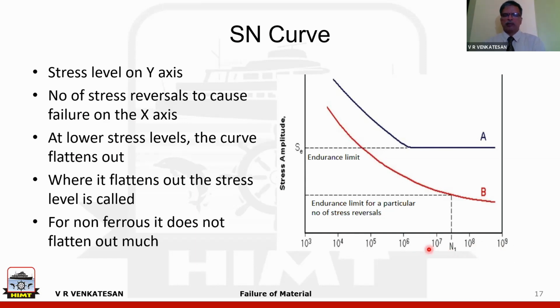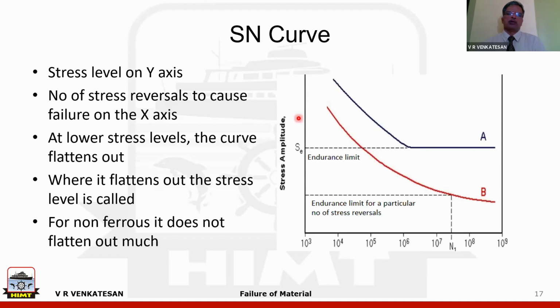So the higher the RPM, with fewer hours, you will reach this. What is happening in this graph is that when the stress levels are high, failure can happen at even a lower number of cycles, like even after one or 10,000 reversals. Failure can take place at this kind of stress.